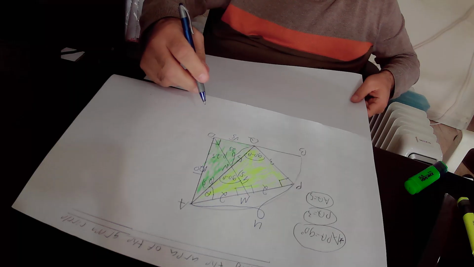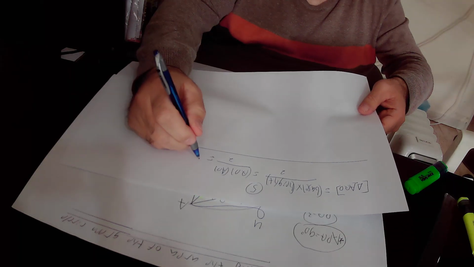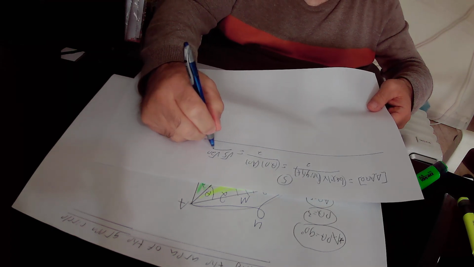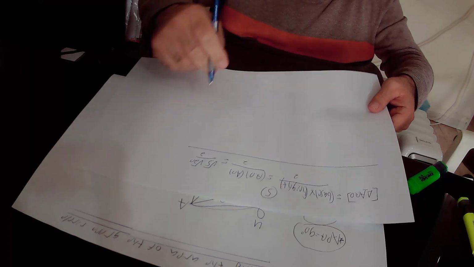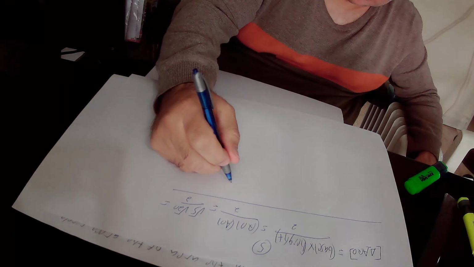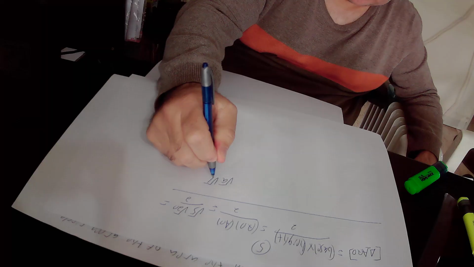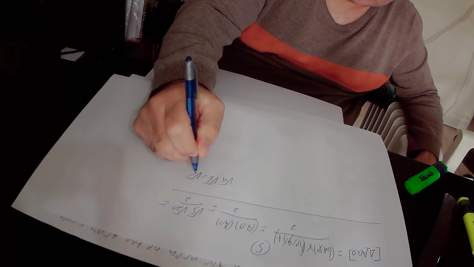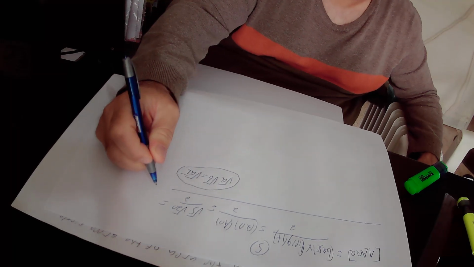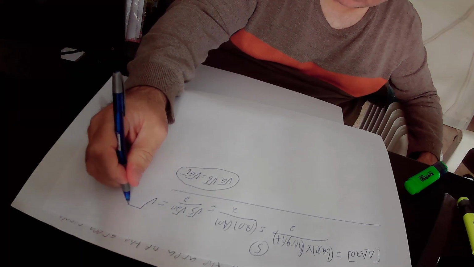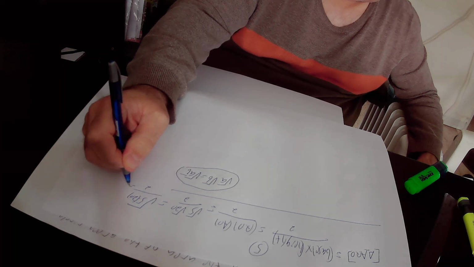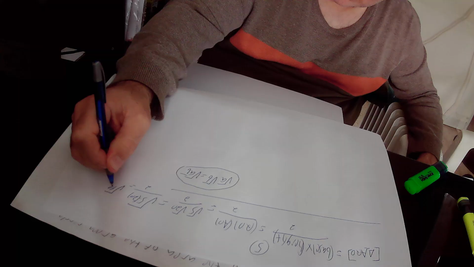QO equals the square root of 5 units. AO equals the square root of 20 units, over 2. So here we have the algebraic identity that the square root of a times the square root of b equals the square root of ab. According to this identity, the square root of 5 times the square root of 20 equals the square root of 5 times 20, divided by 2. 5 times 20 is 100, so inside the root we have 100 over 2.